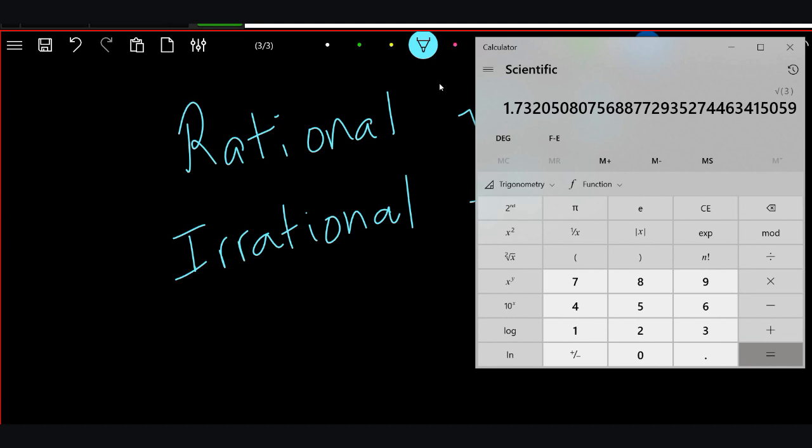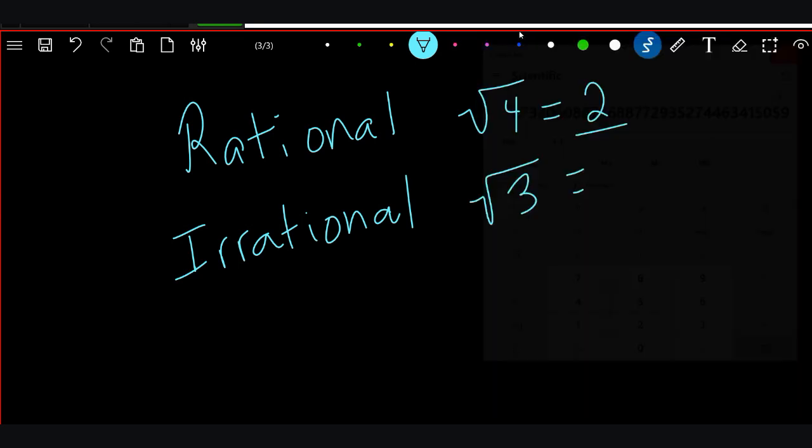That is what's called irrational because that decimal keeps going. It never ends. It keeps going into infinity. This calculator rounds it off with this last 9, but that number technically goes into infinity. You won't get 3 when you multiply that times itself, because it's not a perfect square root.